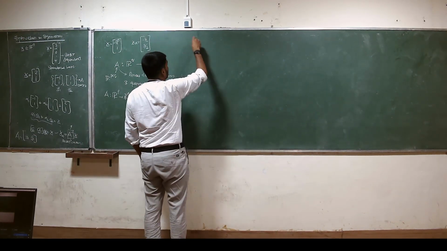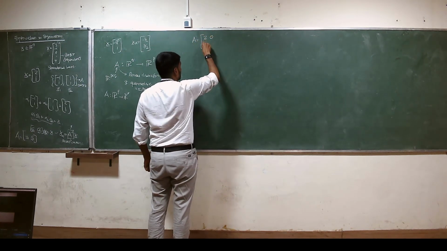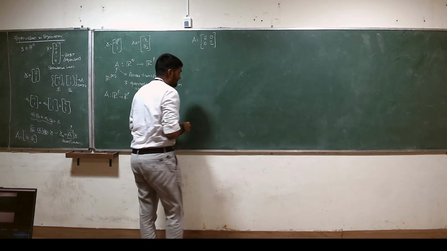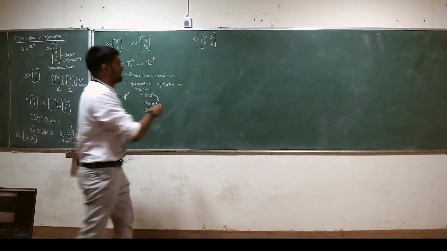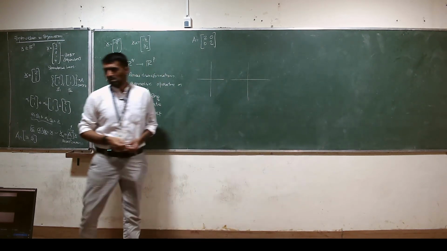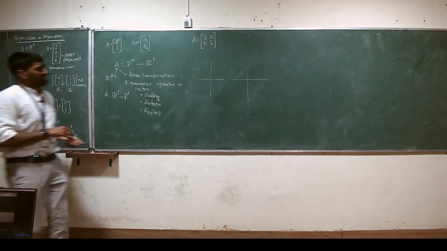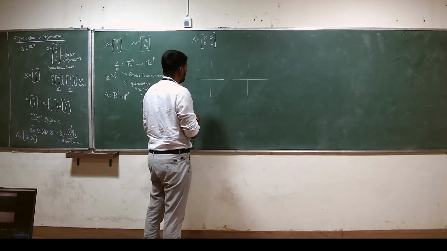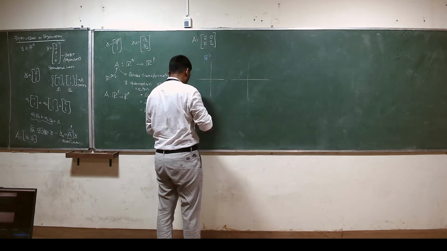Right. Let's say we are talking about a matrix like this. Yeah, I'll come to that. We will use blue for the input space and maybe orange for the output space.